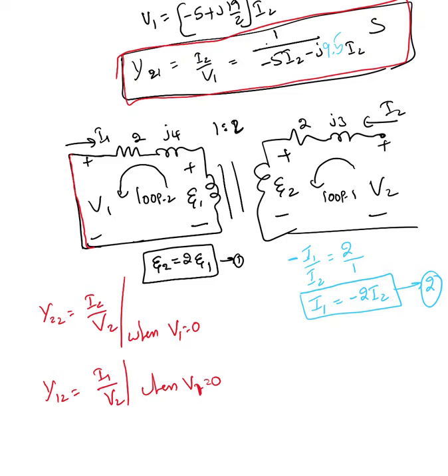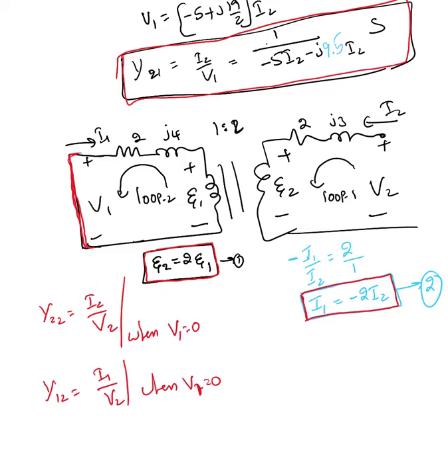So for this, I'm going to use this circuit, which is easy to use. Since the transformer is the same, our transformer ratio is valid: E2 equal to 2E1 and I1 equal to minus 2I2. Those values are not going to change.